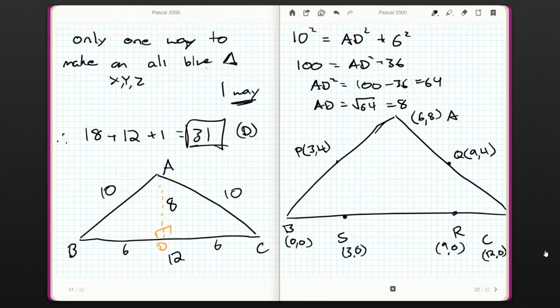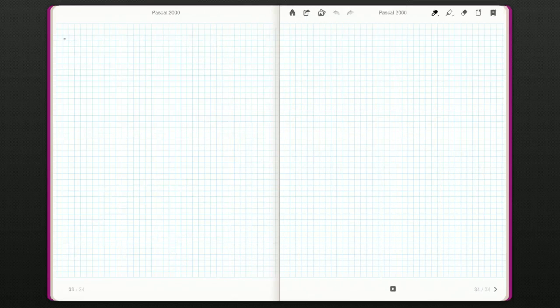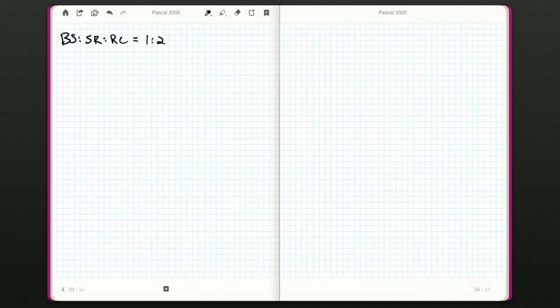Now, I've mentioned this several times, so let's actually write it out. BS to SR to RC is 1 to 2 to 1. So SR is 2BS, and RC is just 1BS. And we know that if we add them up, we get the whole side length, BC, which is equal to 12.